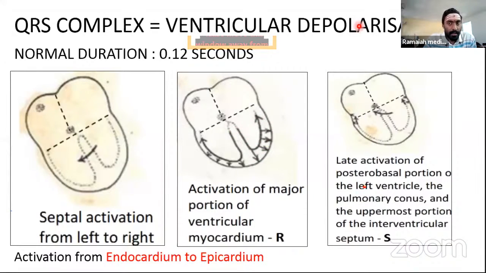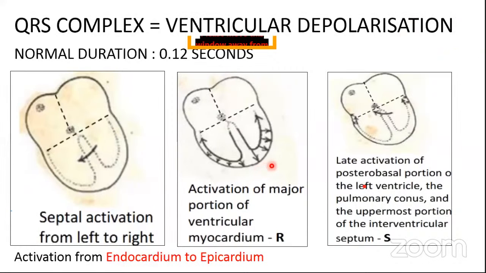Can you say that this positive R wave is going to be maximum towards which lead? Which leads will show maximum R waves? V6, correct? Lead 2, correct. Excellent.